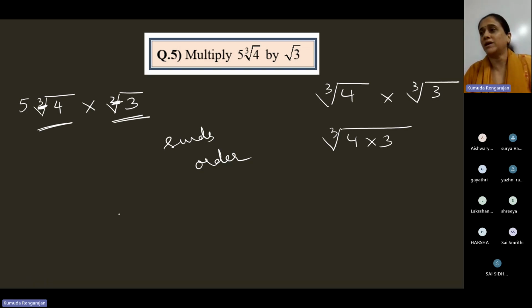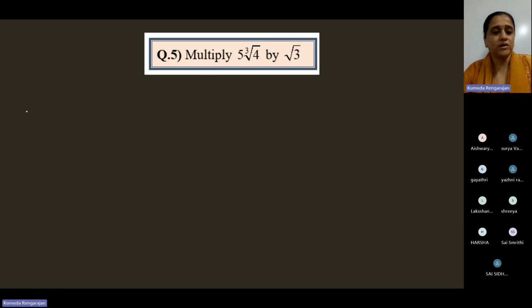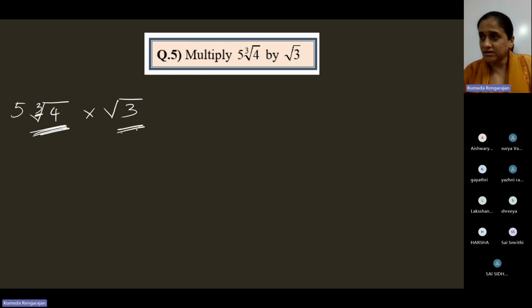And then you can multiply. I'll tell you again. Please listen. Now here, this surd is of order 3. This surd is of order 2. These are two surds of different orders, so you cannot multiply them.